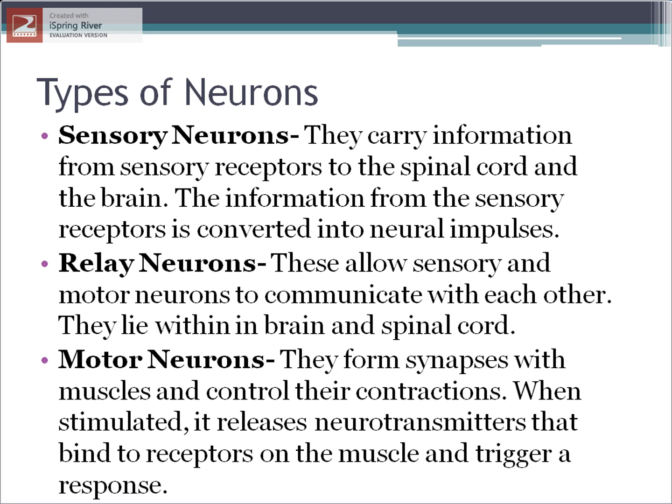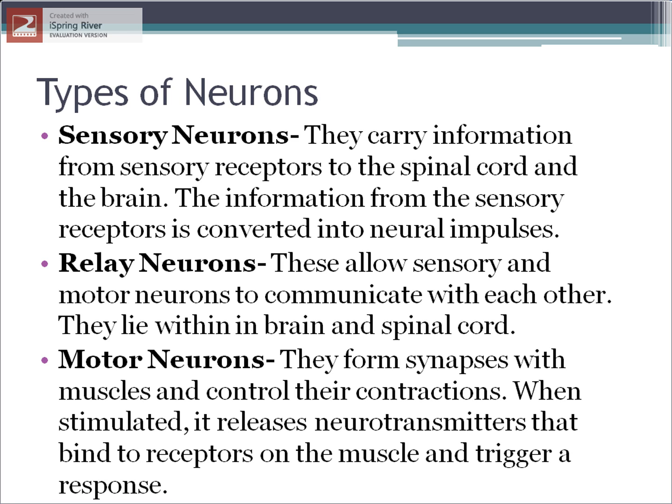The term motor neurons refers to neurons located in the central nervous system that project their axons outside of the central nervous system and directly or indirectly control muscles. Motor neurons form synapses with the muscles and control their contractions.